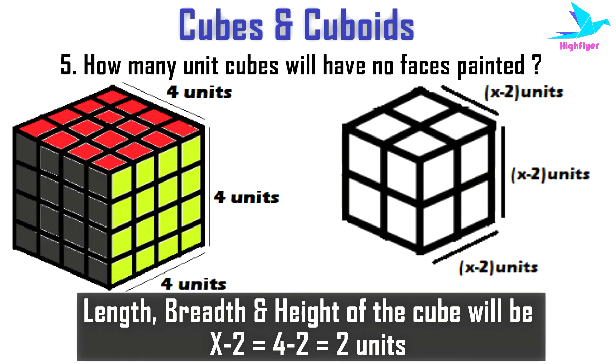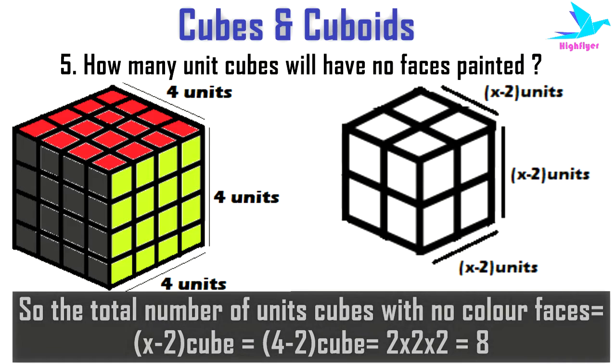If we remove all the colored layers of unit cubes from the original cube of x units, its length will become x minus 2, its breadth will become x minus 2 and its height will also become x minus 2. So the total number of unit cubes with no faces painted will be x minus 2 cubed. Here x equals 4, that is 4 minus 2 cubed, which equals 2 cubed.